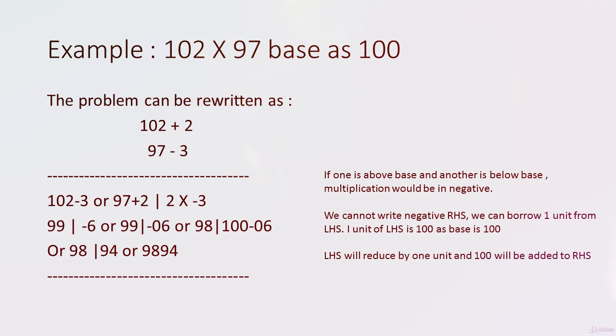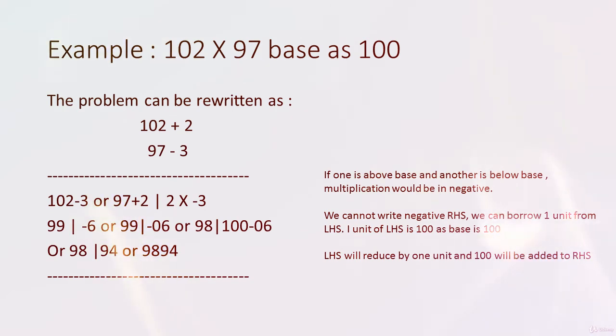We know that we cannot write our number in this way. What we can do is borrow one number from the right hand side to the left hand side. When we borrow one from the left hand side to the right hand side, please note that the base is 100, so the number borrowed will become 100.